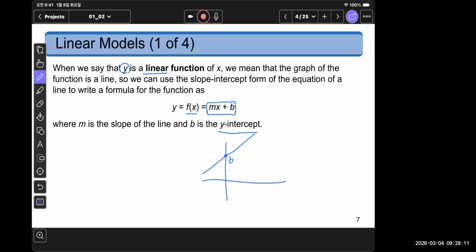And then m represents the slope of the line. That means when your x increases by 1 unit, your corresponding y increases by m units. Anyway, that type of function is called a linear function.